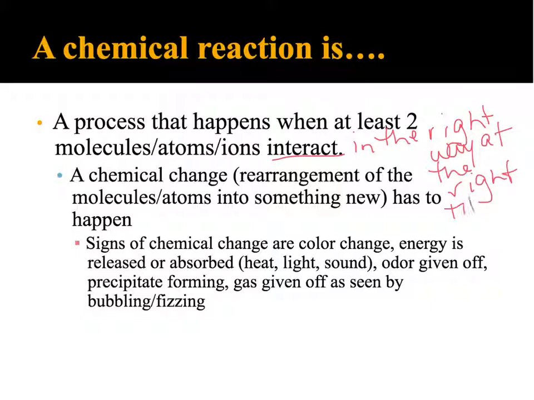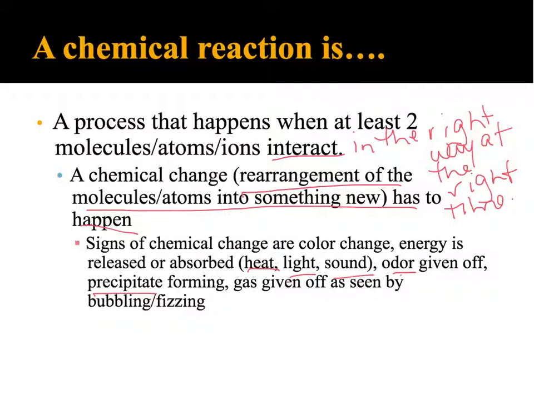We talked about the different signs of chemical change this year, but a chemical change, just to review, is where molecules or atoms are rearranged to form something new. The signs we might notice are color change, energy being released or absorbed as heat, light, or sound, some kind of smell being given off, a precipitate forming.